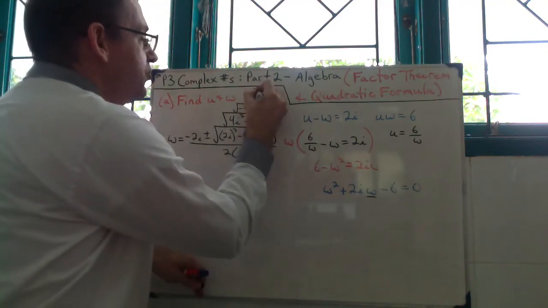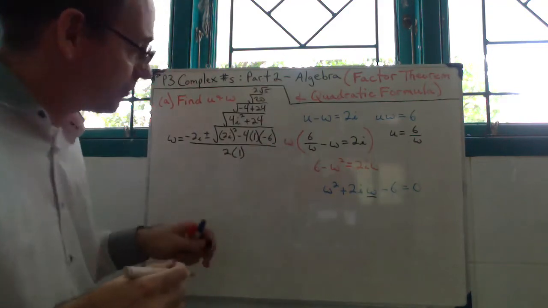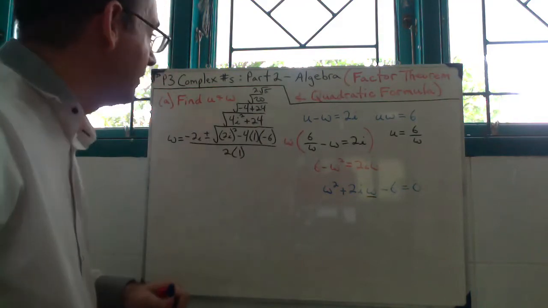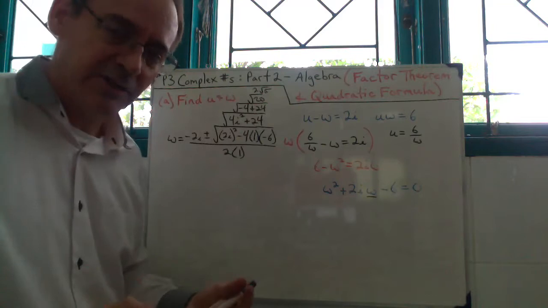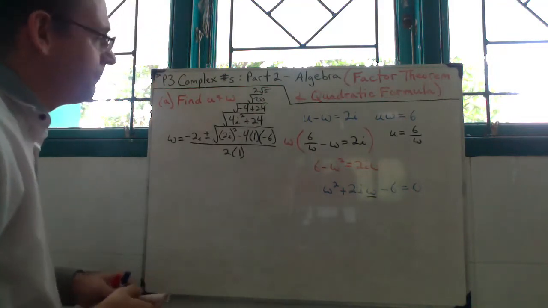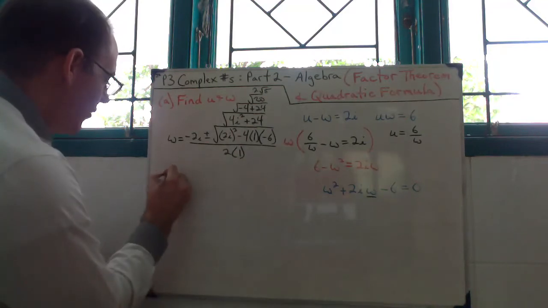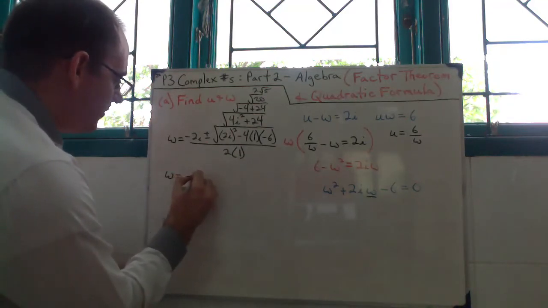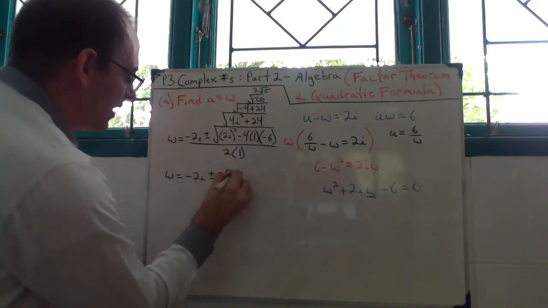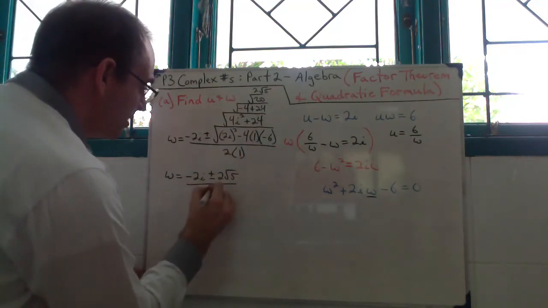So this is 2 root 5, simplifying that radical of root 20. Okay? So if you put root 20 in your calculator, it might simplify it for you down to 2 root 5. And so what we have now is w equals a negative 2i plus or minus 2 root 5 over 2.